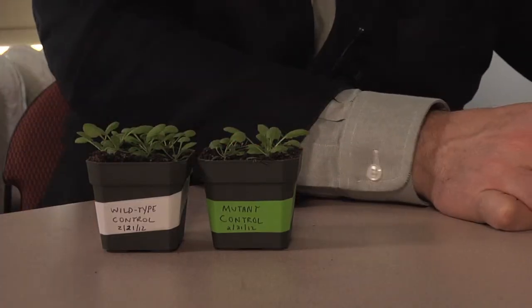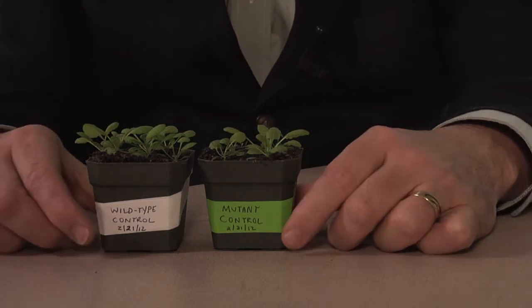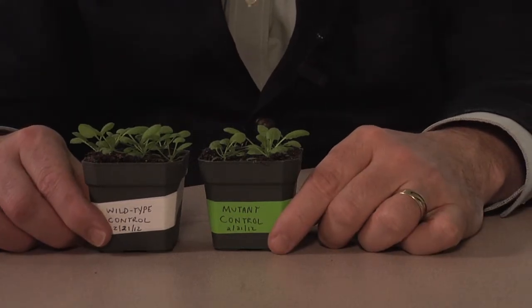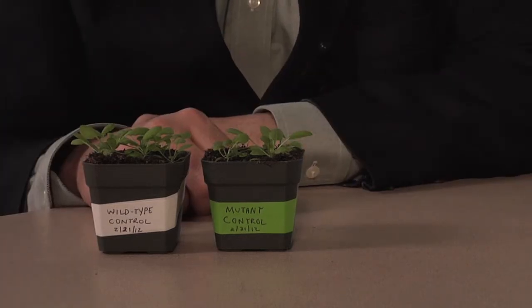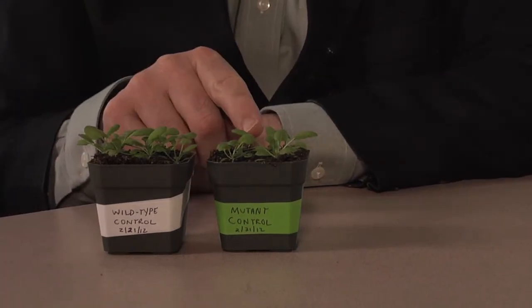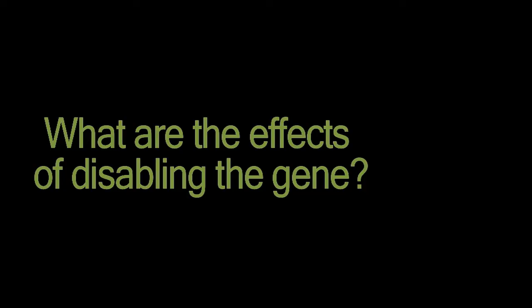Let's move those experimental plants out of the way. And I'm going to put the wild-type control and the mutant control pots side by side like this and see if I can discover anything different about the mutant plants compared to the wild-type plants. When I do this, I'm trying to answer the question, what are the effects of disabling the gene?